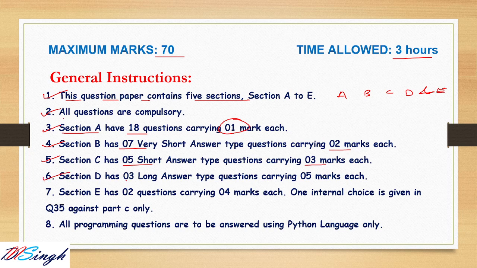And then we have section D where we have 3 long answer type questions, 5 marks each. And the seventh instruction says in section E we have 2 questions carrying 4 marks each, and one internal choice is given against question number 35 in part C only. So this is about the general instructions given in the sample question paper.